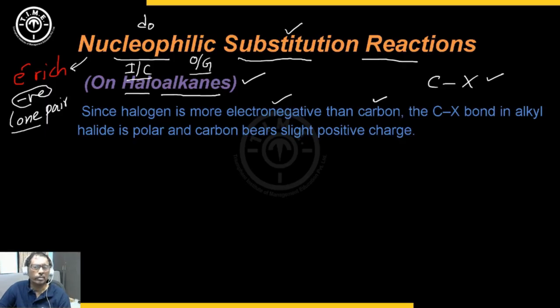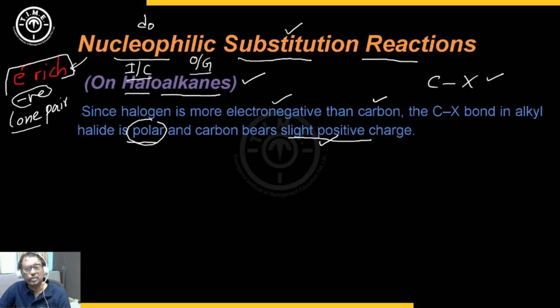That bond is a bit polar, where the carbon is having a slight positive charge and the halogen will have the negative charge. So the CX bond being polar, right, making carbon slightly positive, will see to it that a nucleophile, what is a nucleophile? Electron rich species, right, will see to it that a nucleophile can attack this carbon.